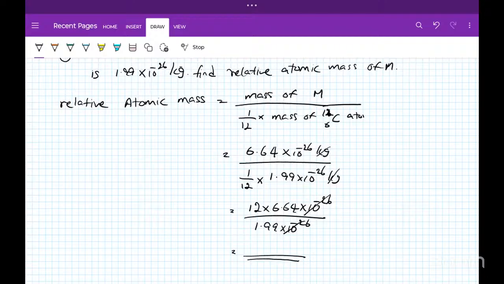Maybe this is around 39, I don't know. Around 39 maybe. But it may be close to 40 because in the denominator there is 1.99, not 2.